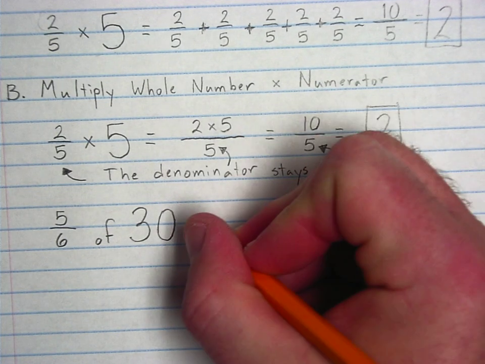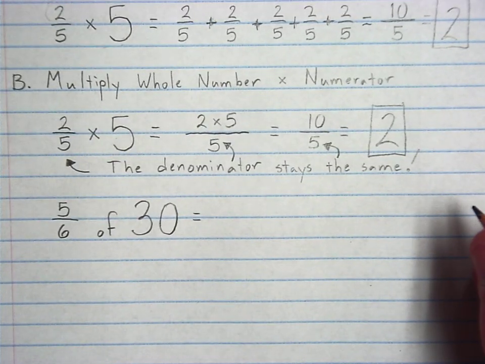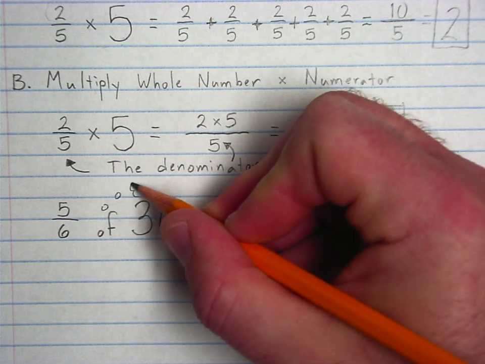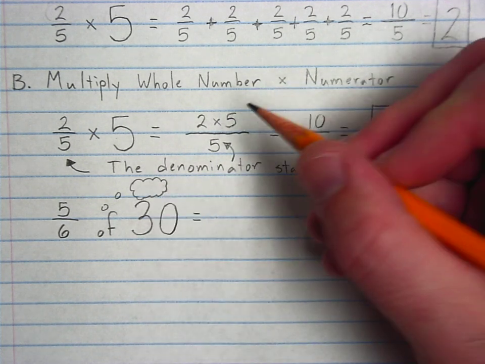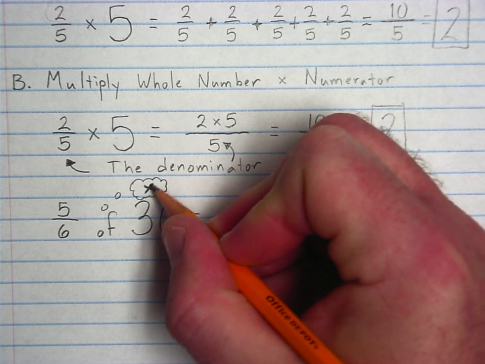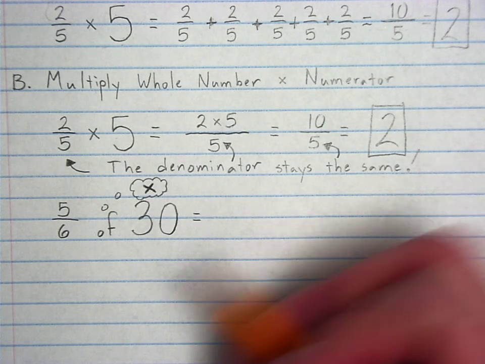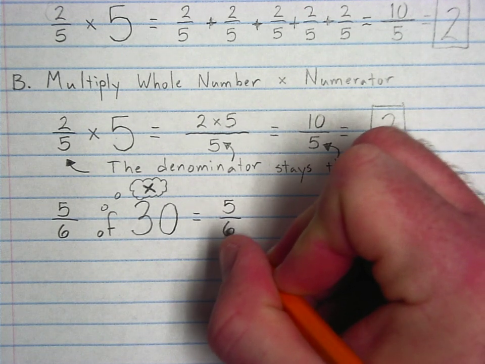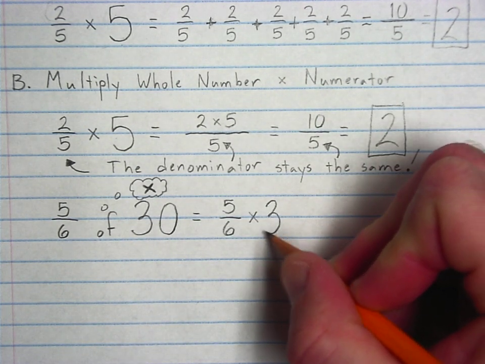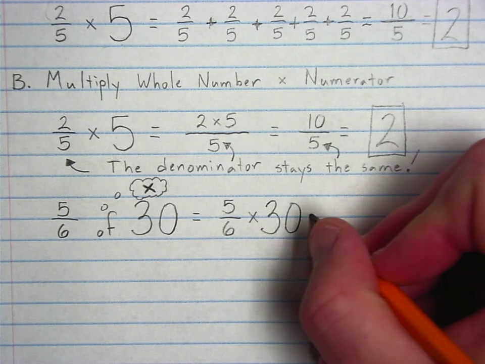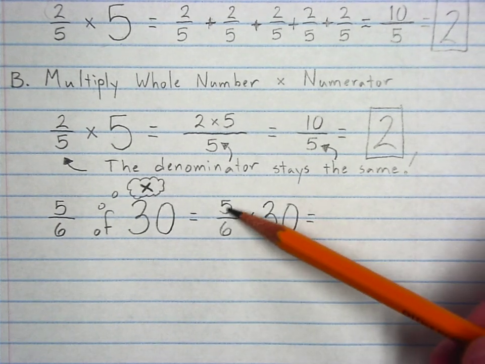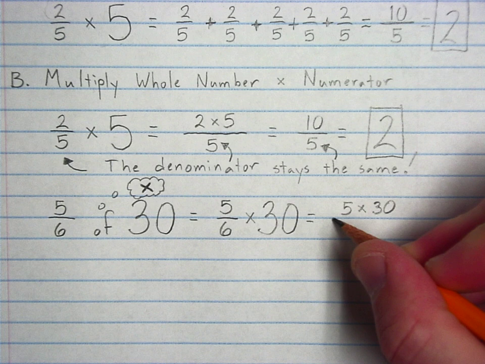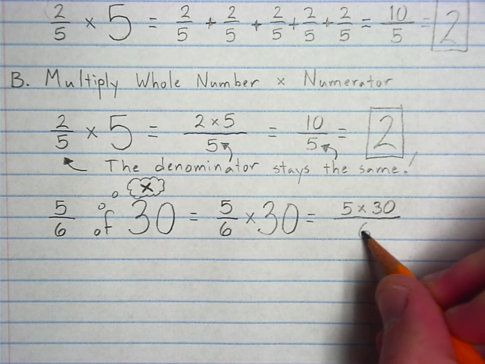Now, the first thing I'm going to do is remember, when I see of, specifically a fraction of, that means multiply. So 5/6 of 30 is the same as 5/6 times 30. And using our strategy, we know we can multiply numerator times whole number, 5 times 30. Denominator stays the same.